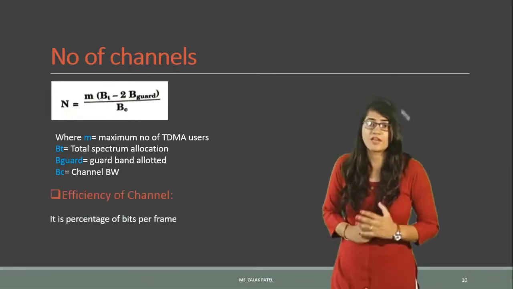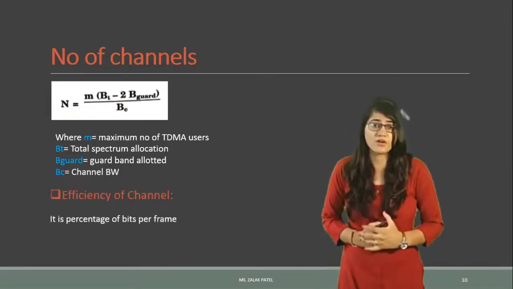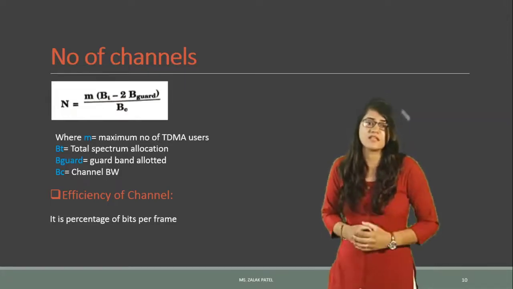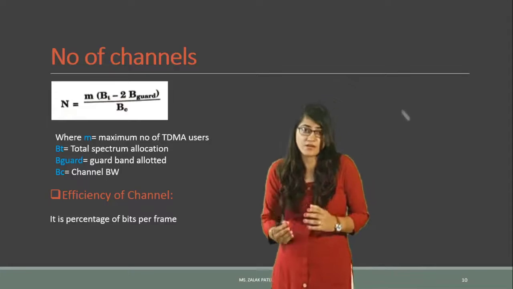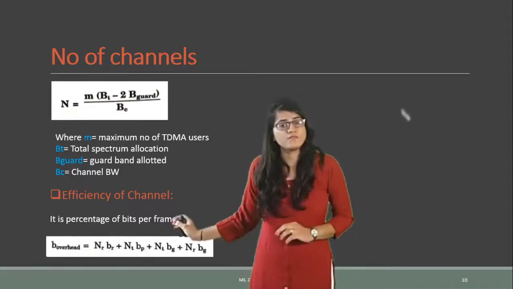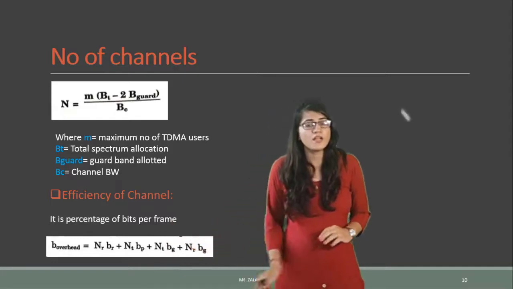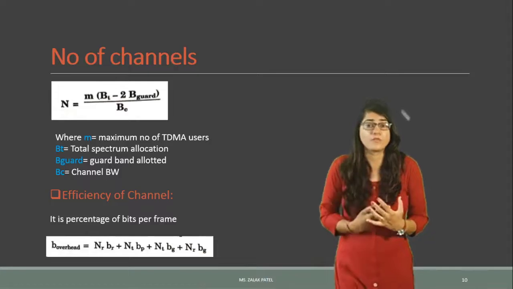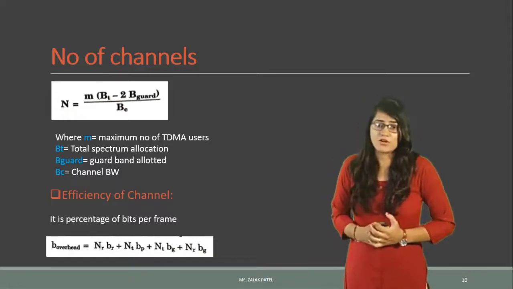Based on that, we can say that efficiency can be calculated if you know the number of channels. Efficiency is basically the percentage of bits that can be transmitted per frame. For that, you first have to calculate the bit overhead. Bit overhead is needed for the reference bits, the preamble, as well as the guard bands.